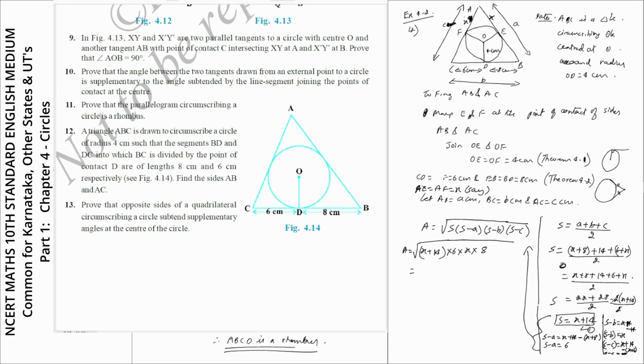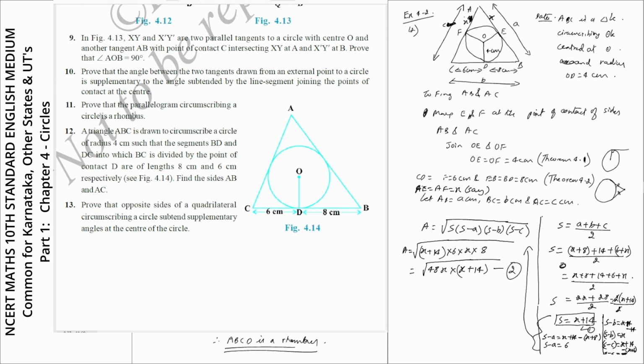So 6 times 8 is 48. So it is the square root of 48X into (X plus 14). I'll mark this as equation 2.